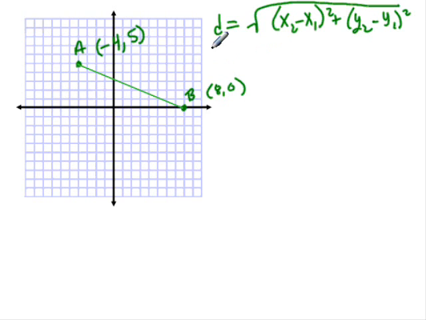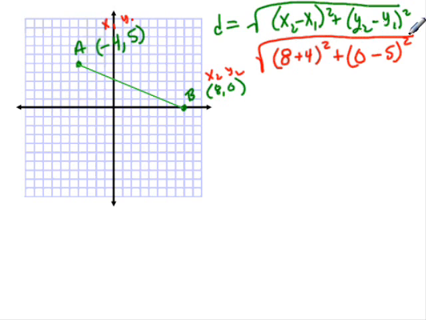Plugging in what we have. If it helps, maybe you need to call this x1, y1, x2, y2, and then start plugging in. Here's x2, so I have 8 minus a negative 4, so that becomes a positive, plus 0 minus 5. We're going to square, and then of course we have to take the square root.